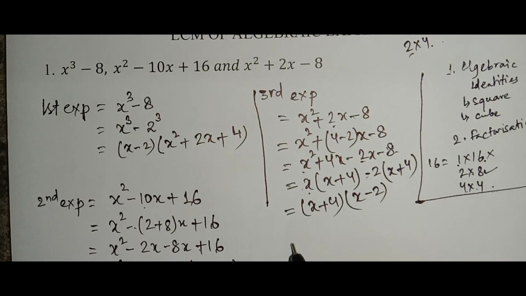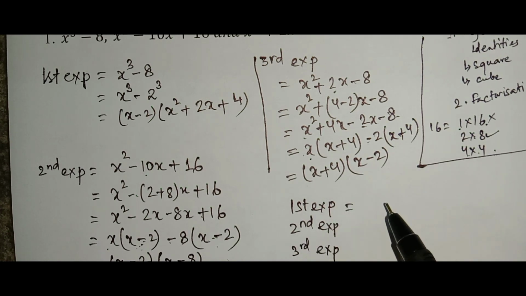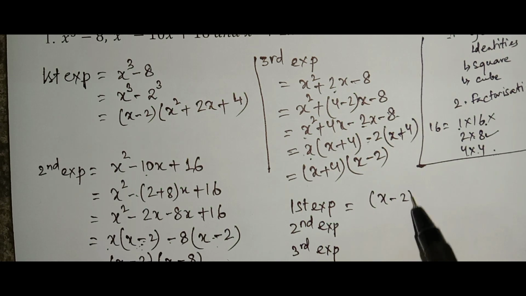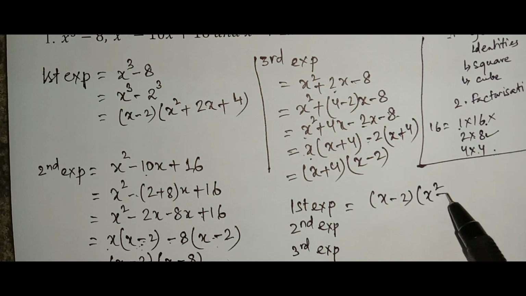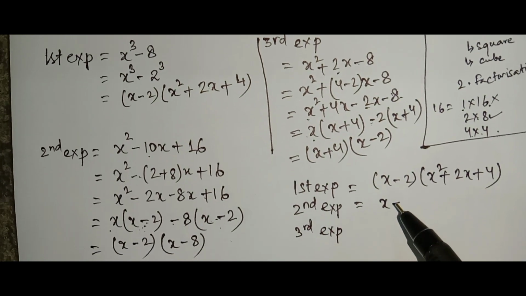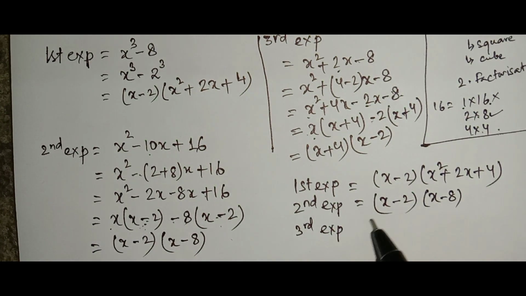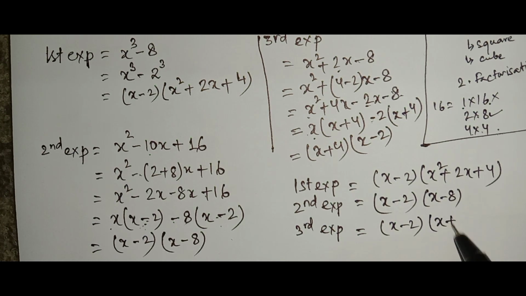Now I'm going to write the first expression, second expression and third expression. From the first expression the factors are x minus 2 and x squared plus 2x plus 4. In the second expression I get x minus 2 and x minus 8, and in the third expression I get x minus 2 and x plus 4.